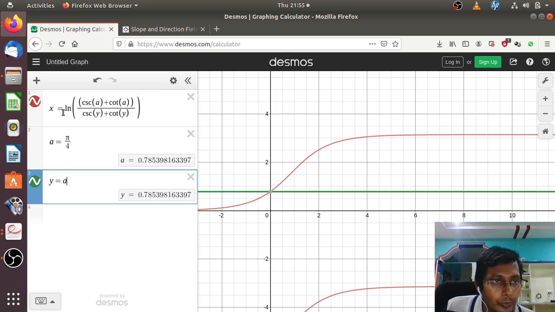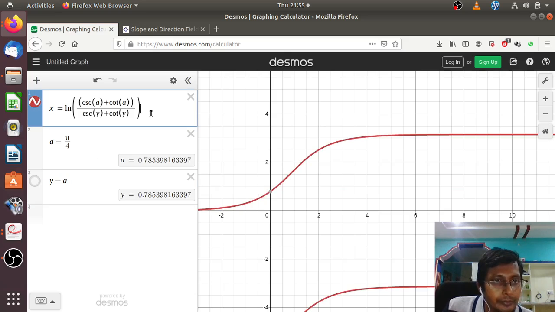So where this axis is t, but here I should express that as x, and this axis is x, which I express as y. Okay, and if I plot it, this is the curve which I will get.